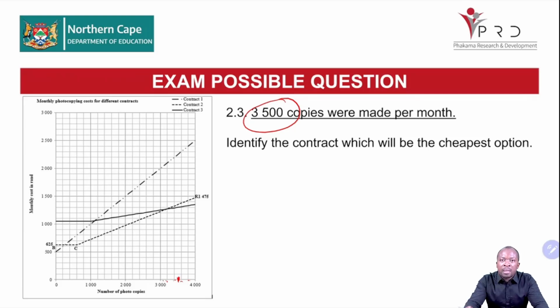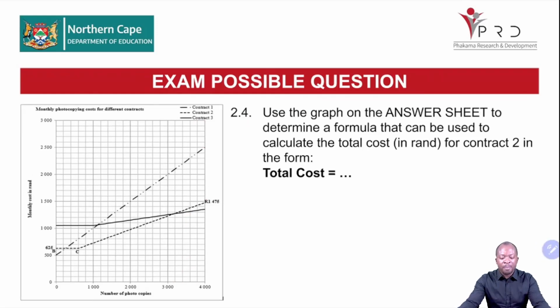Which contract will be the cheapest? In this case, you move up, and the first line that you touch is the cheapest. We see we have 3 lines. Move up and look for the first line that you are touching. Which one? The thick one. What is the name of the thick one? It is contract 3. So if you are making about 3,500, the cheapest contract is contract number 3.